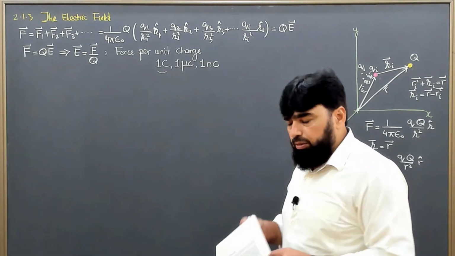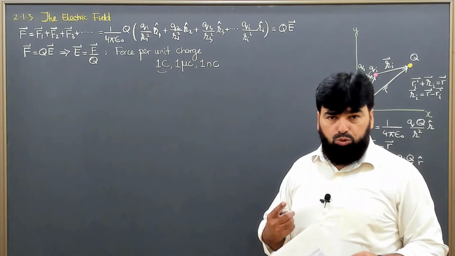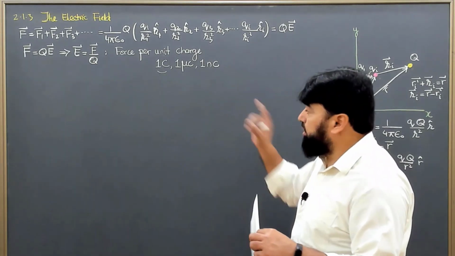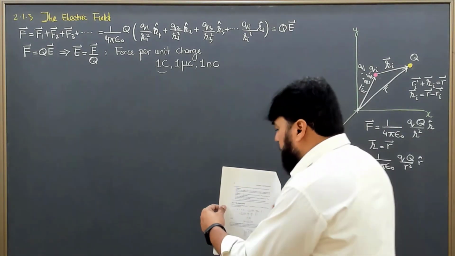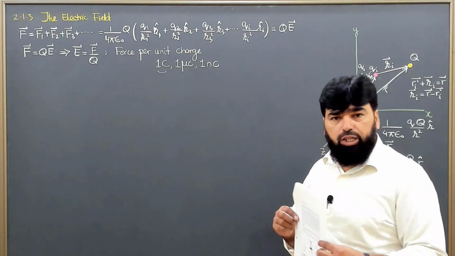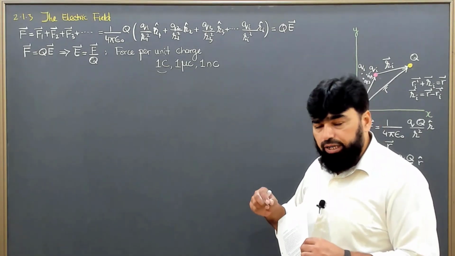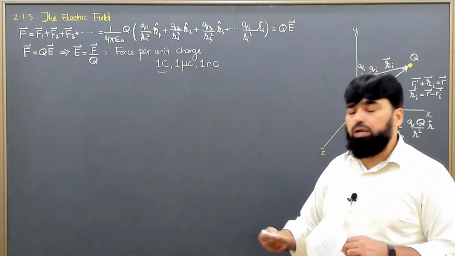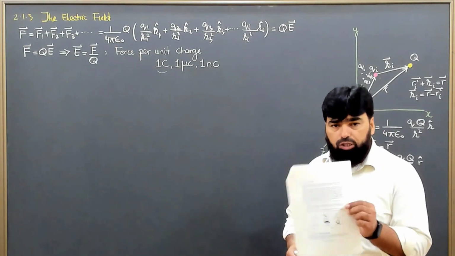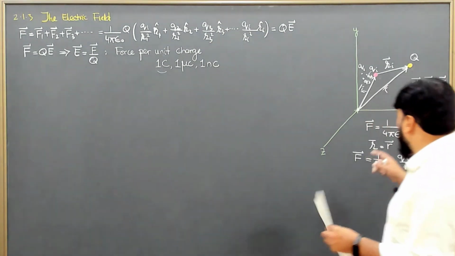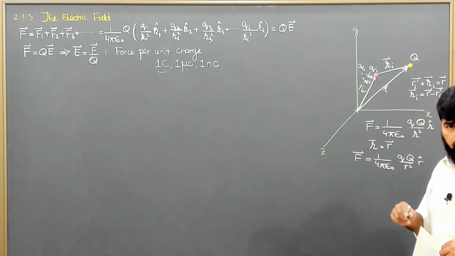If, for example, I have a 2 coulomb charge with me as a test charge, meaning it is now not a unit charge, then you will experience that the force is double. But in reality, the force will not be double of that. Actually, this magnitude is not unity, and we are counting the effect of the test charge as well.